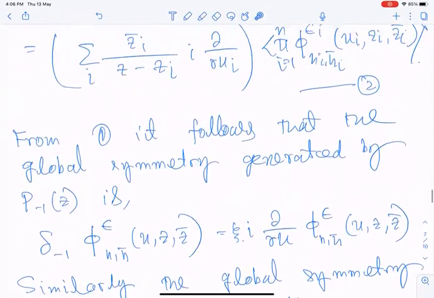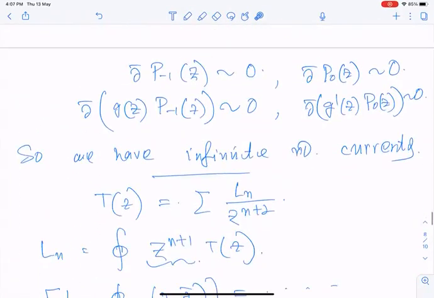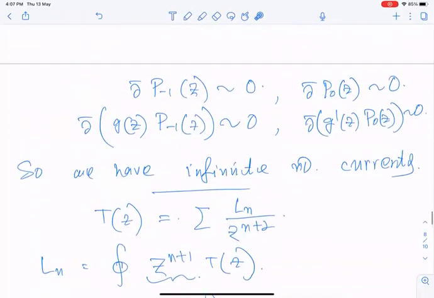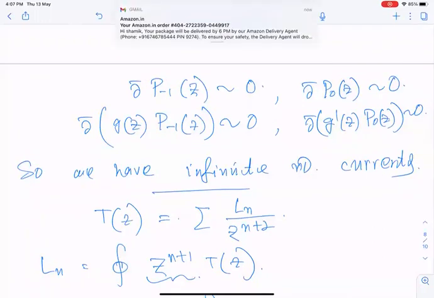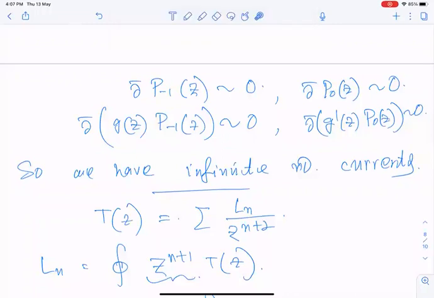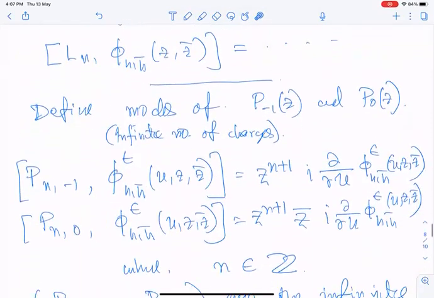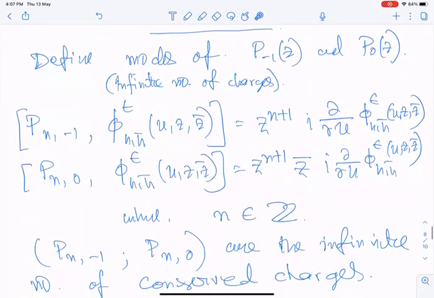But then I showed that these Ward identities imply that ∂̄ of P_{-1}(z) and ∂̄ of P_0(z) are 0. That means essentially that ∂̄ of any holomorphic function g(z) times this is also 0, and that essentially gives us an infinite number of symmetries. And then I showed that if I take g(z) to be z^{n+1}, then I get all these supertranslations.